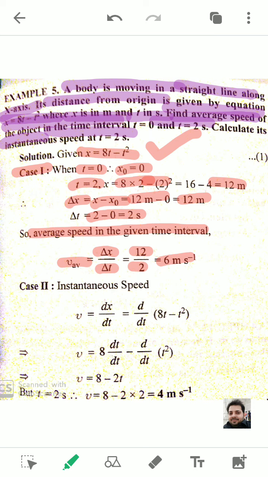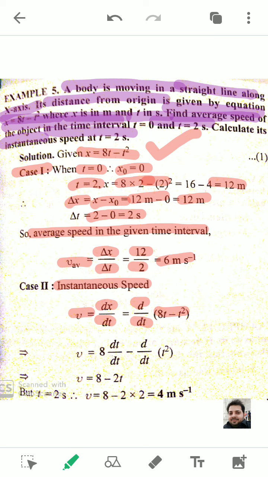We calculate another factor, that is the instantaneous speed at 2 seconds. We know very well that velocity, or we say speed, is equal to dx upon dt. The derivative of distance with respect to time is also called speed. So d by dt, substitute the value of x, that is 8t minus t square.